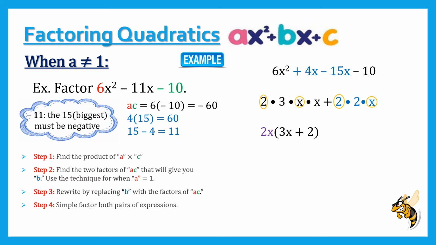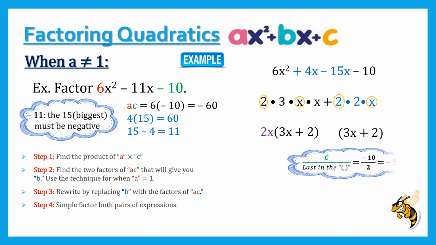We're not going to simple factor the second pair because I'm going to use a shortcut. If done properly, both parentheses have to be exactly the same. So if the first one was 3x plus 2, the second one will be 3x plus 2. To find what goes in between the two parentheses, the greatest common factor for that parentheses, the trick is always going to be c divided by the last in the parentheses.